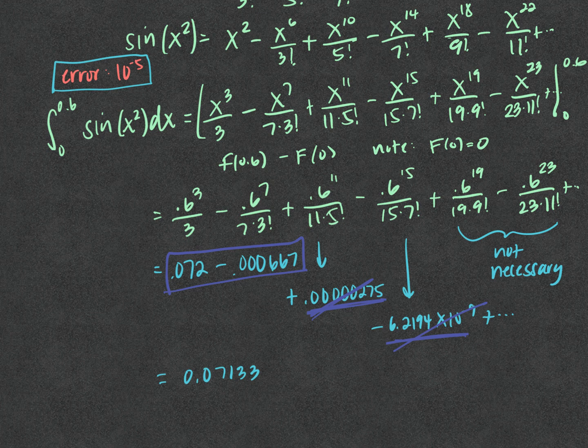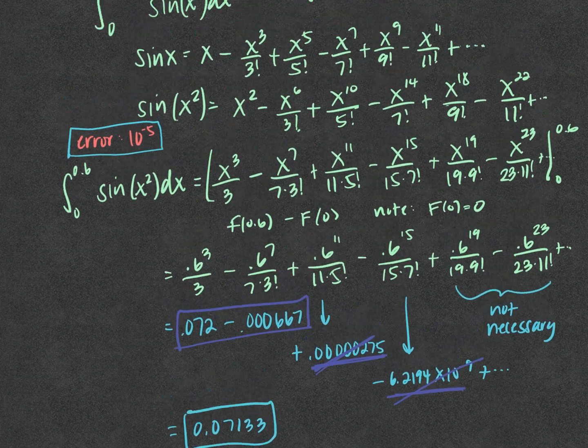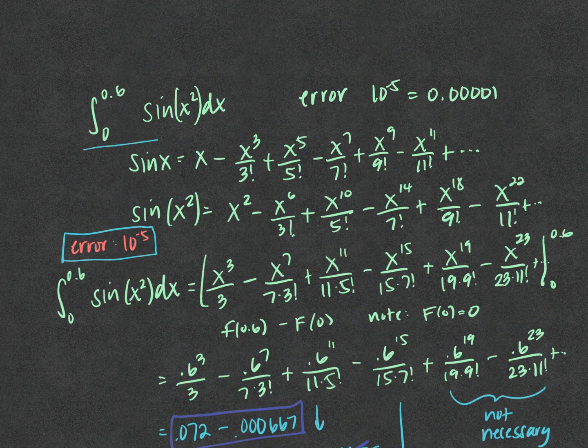So the deal here is, I'm going to back up. Take a moment, notice that this is our answer, and I'm going to back up. When you're using Taylor series to approximate, the first thing you do is take your known value and make it match whatever is inside the integrand. So this says the integral of sine x squared.